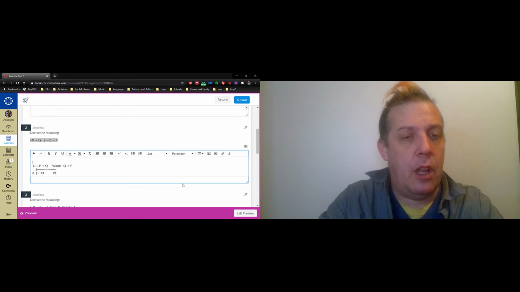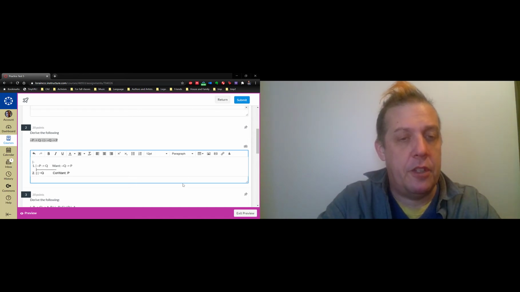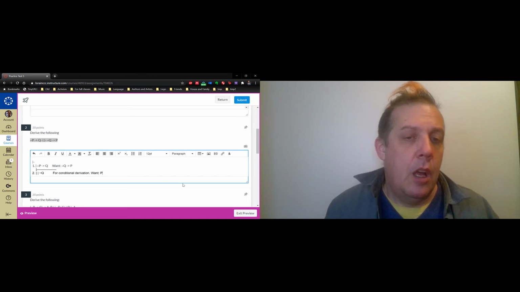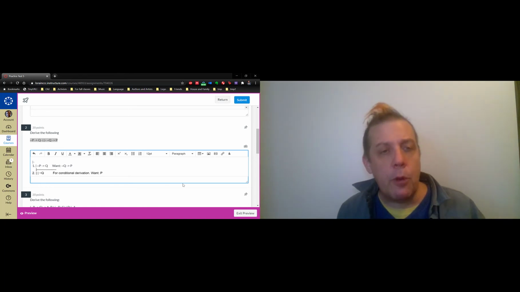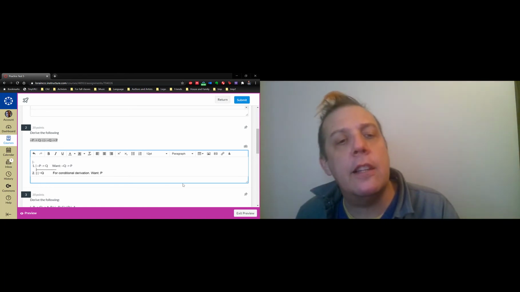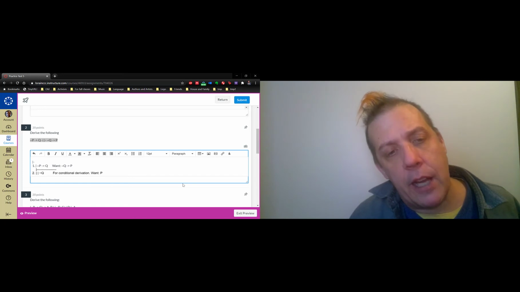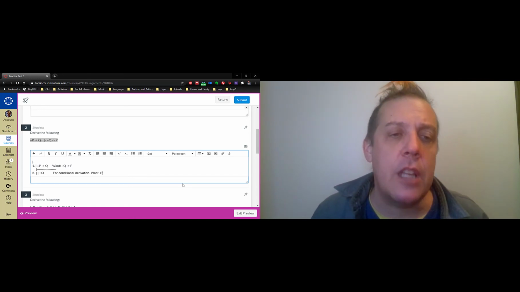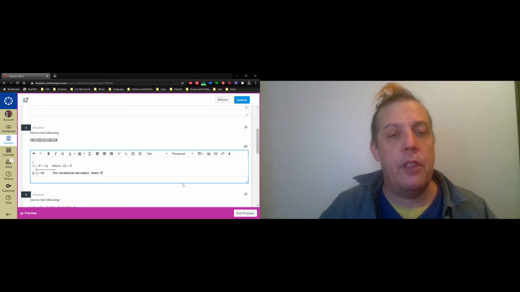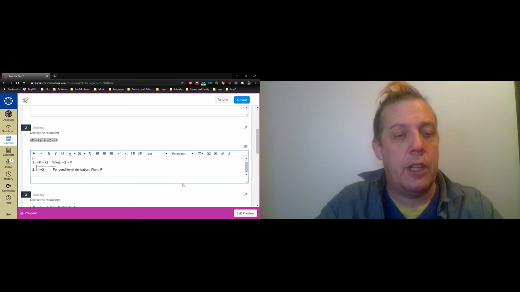And our new want line is P. And this is for conditional derivation. Well, we still don't have anything, so this proof is actually going to work exactly like the last one. It's an indirect proof embedded inside a conditional proof, and that's a very common pattern to encounter.